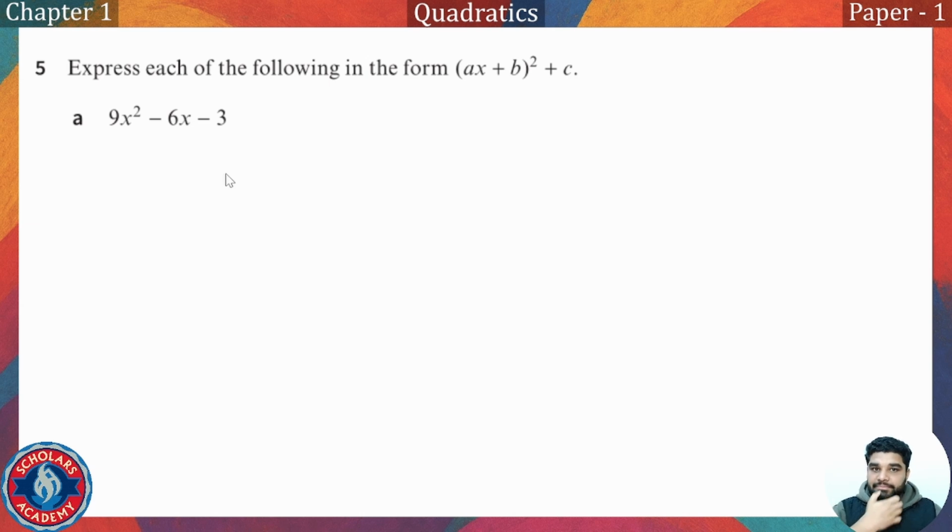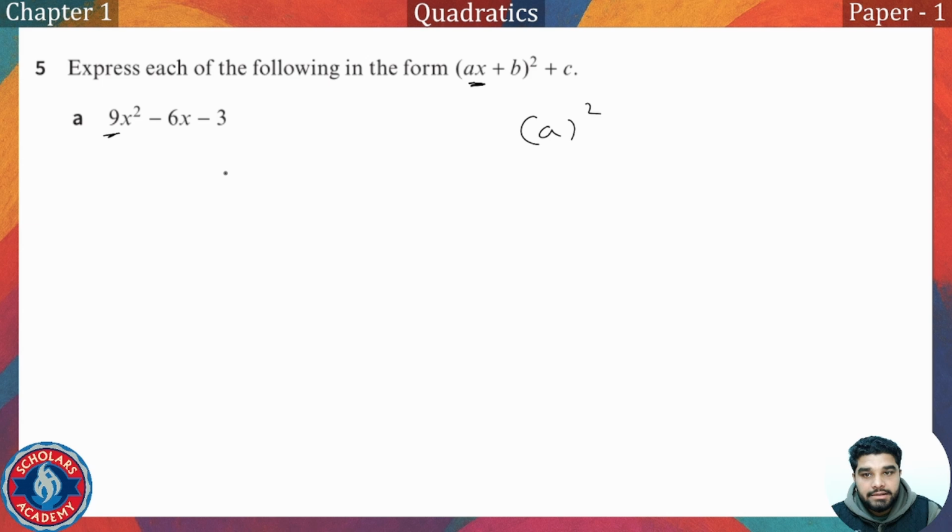Now something changes over here. We need a whole square in which a part is some constant with x. It means we'll not take it common. We'll try that this numeric value is a perfect square and it goes inside a square, so this complete value should become a.